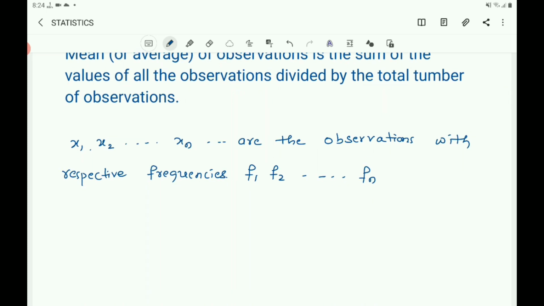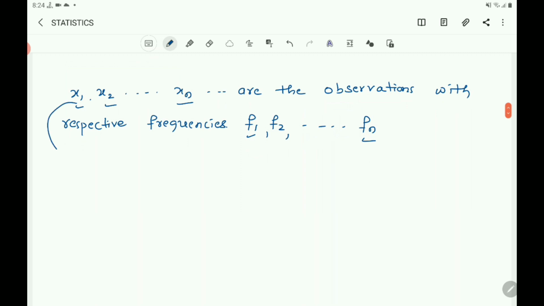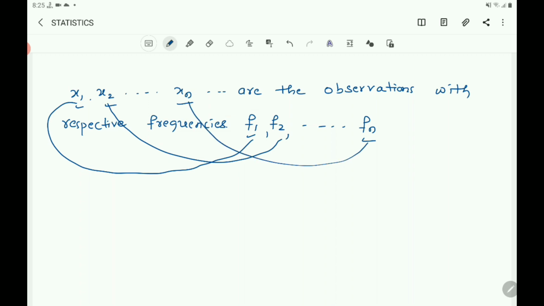From class 9th, recall that if x1, x2, and so on xn are the observations with respect to frequencies f1, f2, and so on fn, it means the observation x1 occurs f1 times, observation x2 occurs f2 times, observation xn occurs fn times.